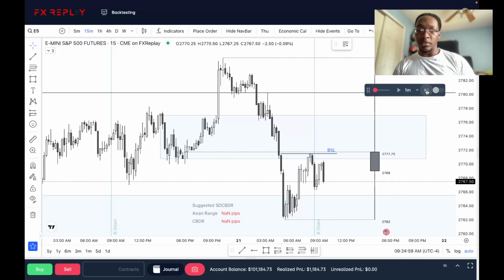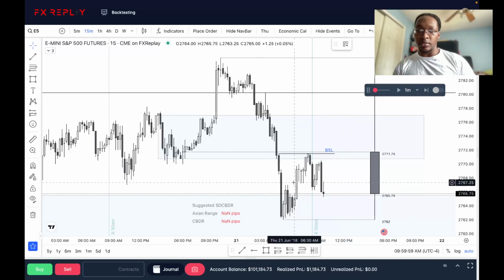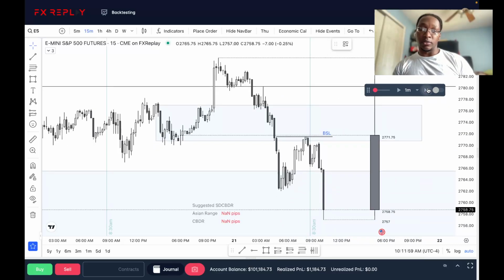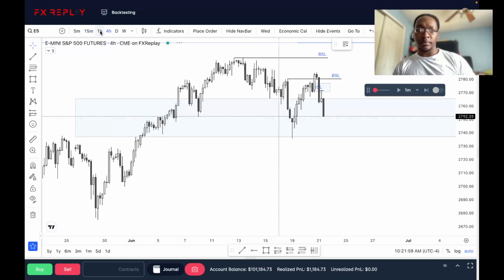This is 9:15. This is 9:30. Below the low, tap into this fair value gap here. I want to see this push higher and then drop. There you go. We get the drop after touching that. What is this? This hourly 4 hour breaker.